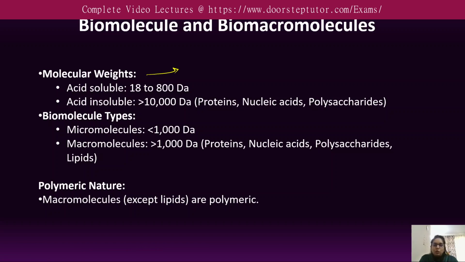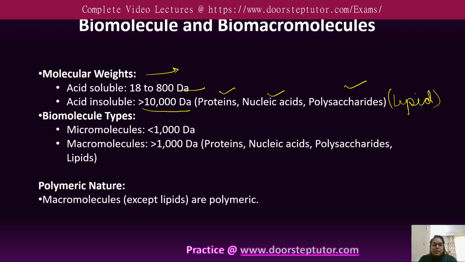The acid soluble compounds have molecular weights ranging from 18 to 800 daltons. The acid insoluble fraction includes protein, nucleic acid, polysaccharide, and also lipid. The lipid here is exceptional, I'll discuss it. Their molecular weight is greater than 10,000 daltons.